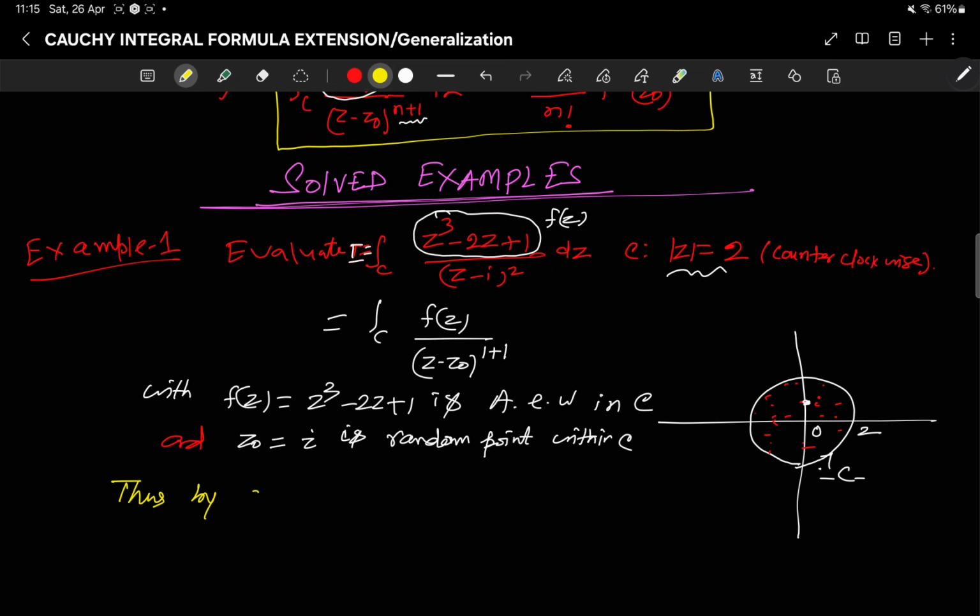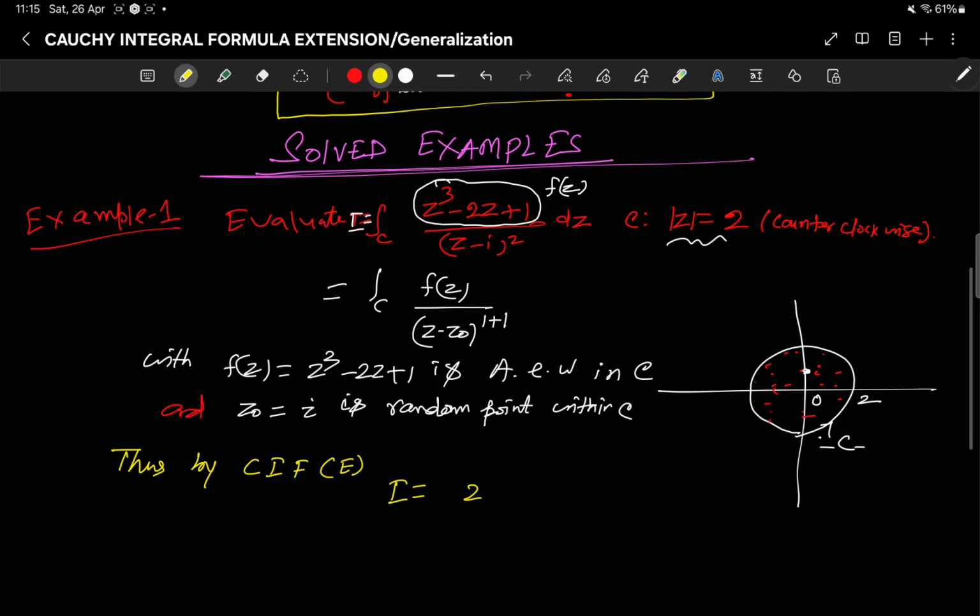Thus by the Cauchy integral formula extension, this I is equal to 2 pi i by factorial n, the nth derivative of f(z) = z cubed minus 2z plus 1, at the point z0, where z0 is i.